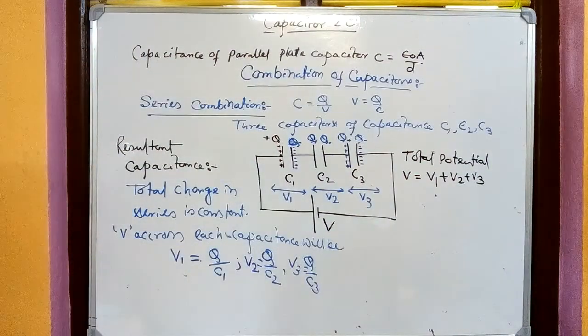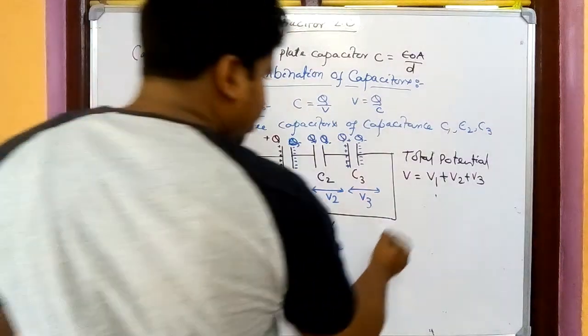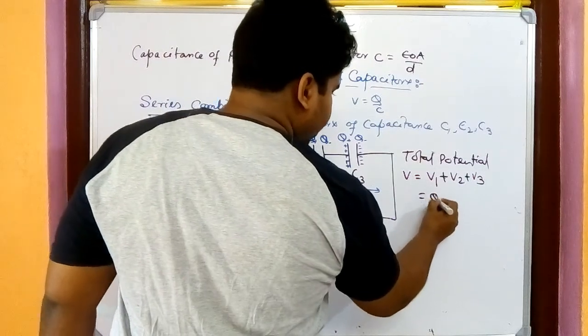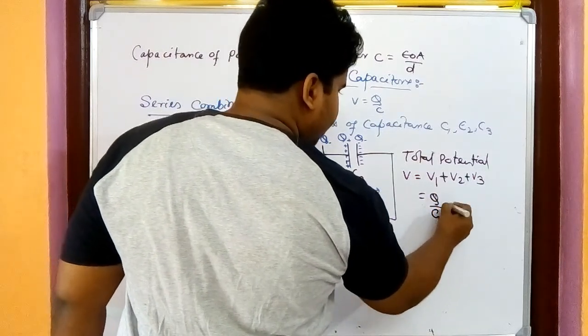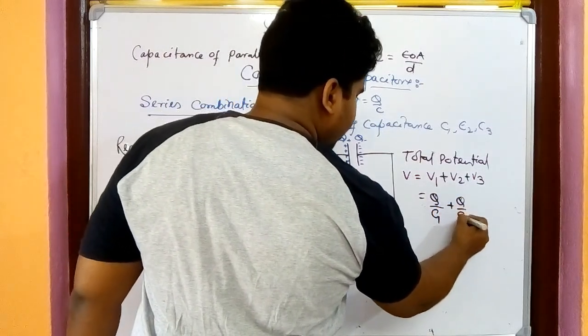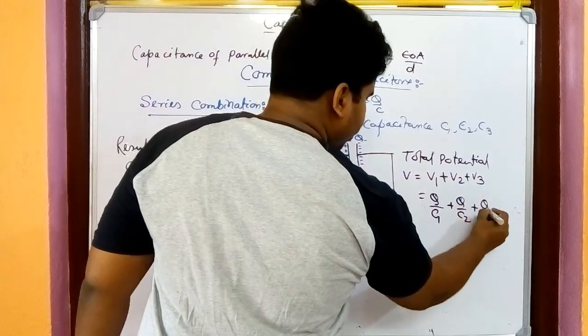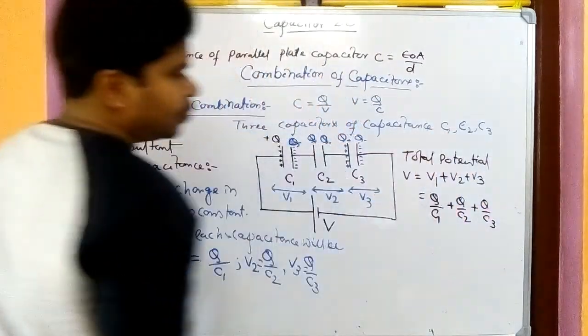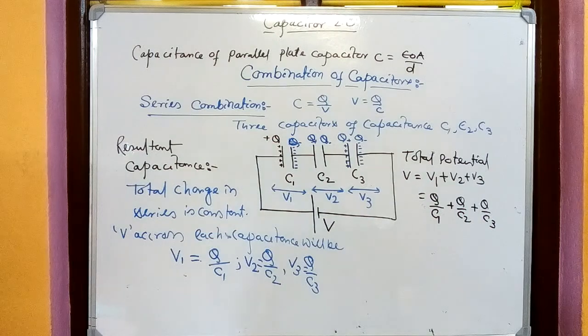The total potential should be the sum of the three potentials, V1, V2 and V3, right? And instead of V1 we can write Q by C1 plus Q by C2 plus Q by C3. That thing we have taken.